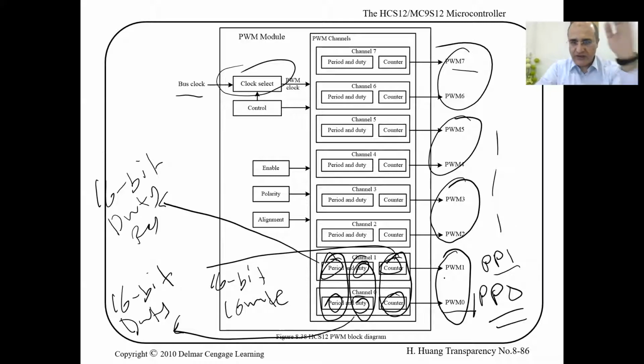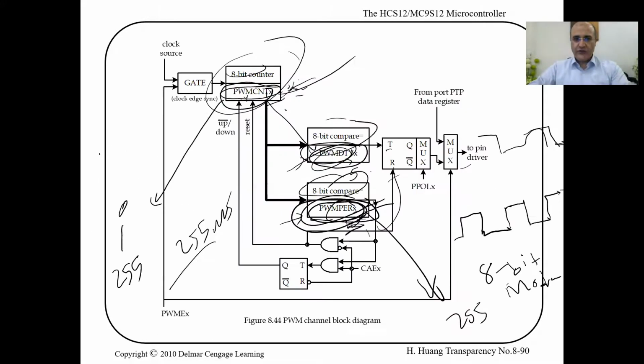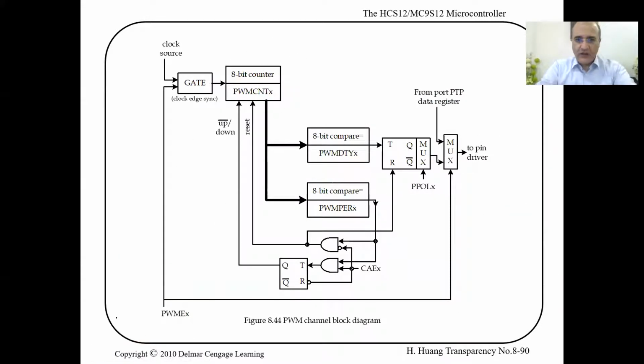In this case, one of their pins will be the active one. When you configure them to 16-bit, you concatenate 2 channels, and this will become 16-bit.